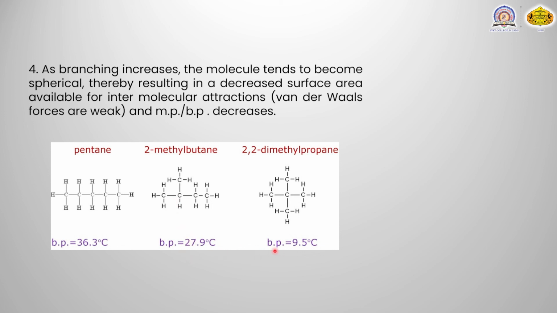Similarly, in 2,2-dimethylpropane, the boiling point decreases to 9.5 degrees Celsius. So as branching increases, the boiling point of the molecule decreases.